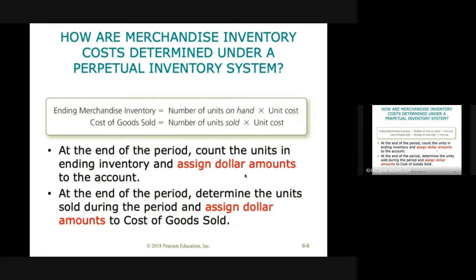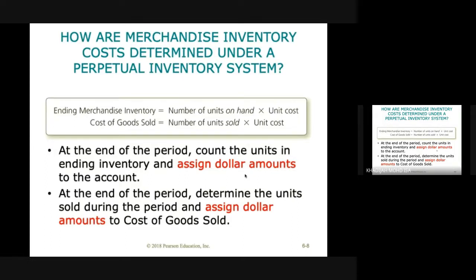Under periodic, you also have the ending inventory that you have to decide. But when you see that the account has cost of goods sold, then you know that it's under perpetual. The name is cost, the cost of the goods that you sold, so it's very straightforward. To know the cost of the goods sold, you look at how many units you have sold, and then times the unit cost.